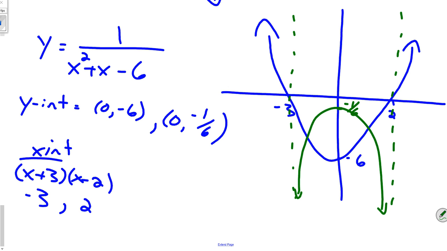And then the rest of it, this one, instead of heading down towards the asymptote, it heads up and away. Instead of like this, it does this.